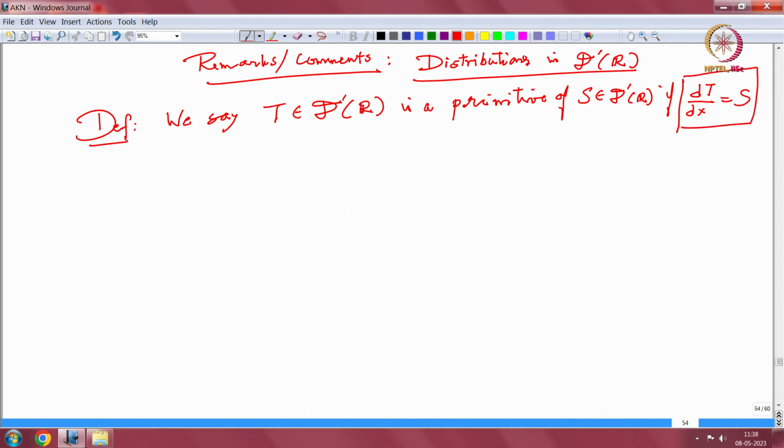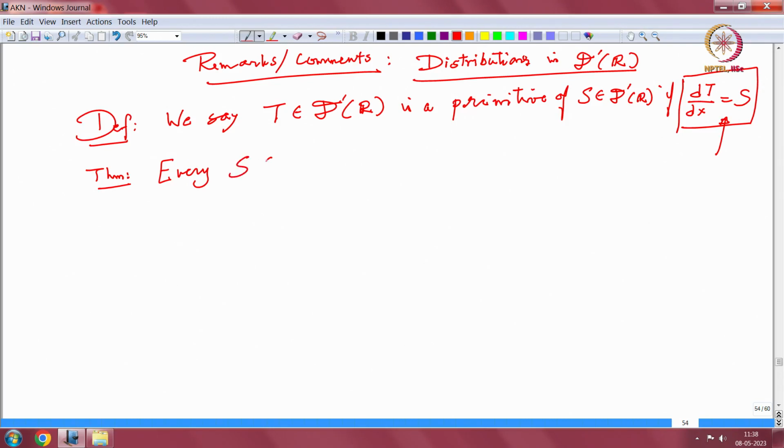So the immediate theorem, of course you need to give a proof for that. You may ask about existence. Basically you are trying to solve this problem, dT by dx equal to S, that is what your integral calculus in functions is. So you are definitely developing integral calculus for distributions.